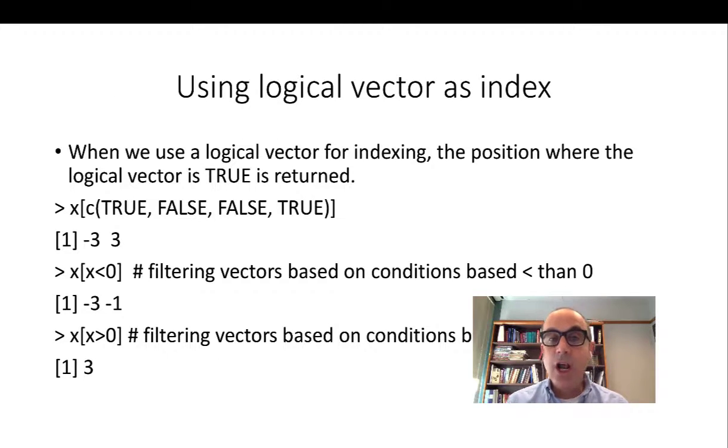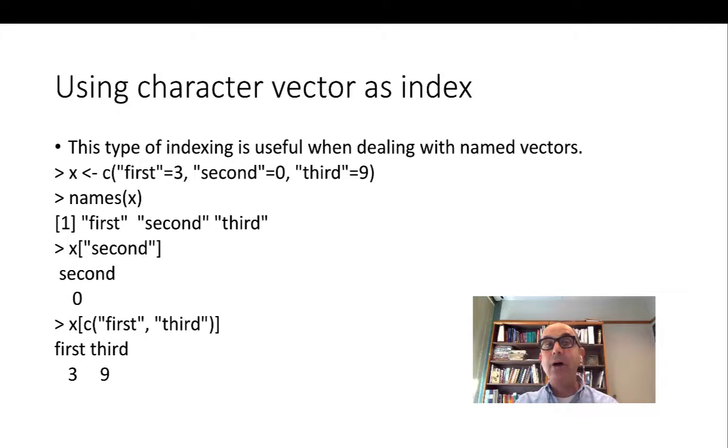So using a logical vector as an index is also part of what we will learn in this class when we start doing more advanced statistics. In this case, we can assign an index to that value in order to select based on values smaller or bigger than 0, and by doing that we will have the ability to filter values out of it.